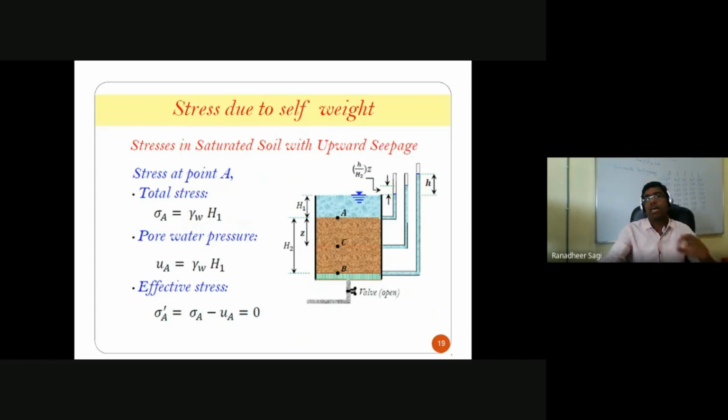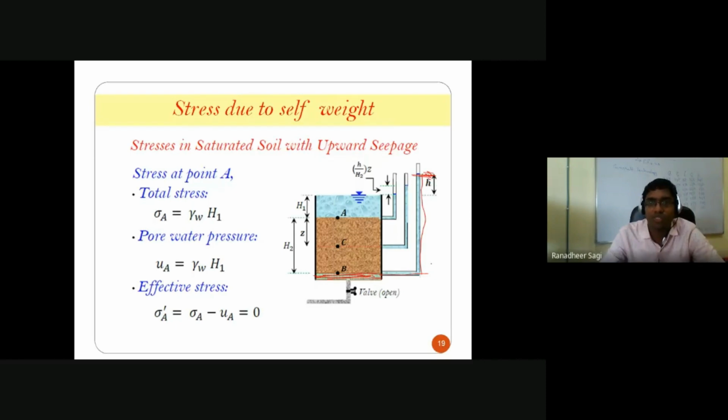Next, let us see how to calculate the stresses in the saturated soil when there is an upward seepage happening. So how can I say there is an upward seepage happening in this particular case? Let's say the pressure head corresponding to this particular point B has got some water body which gives you the pressure head existing in the standpipe rising till here.